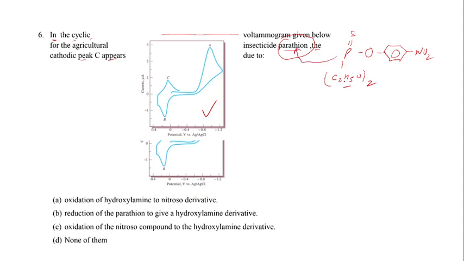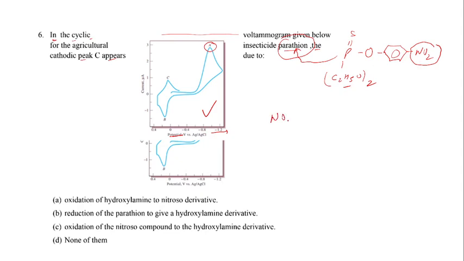Now what will happen if you are increasing the potential? See, in the x axis it is negative potential. At point A, the nitro group of this compound will be sensitive, and the reaction will happen like this.